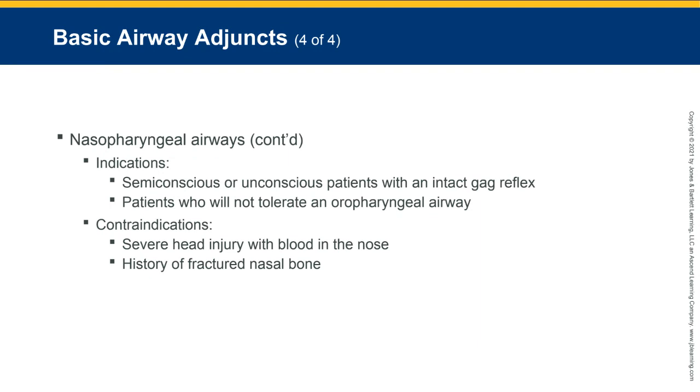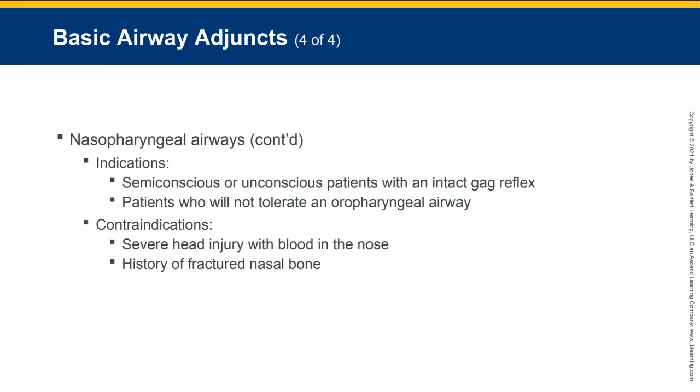So indications: the patient must be semi-conscious or unconscious with an intact gag reflex, patients who will not tolerate an oropharyngeal airway, and as I stated previously, a ventilation issue must be present for you to use airway adjuncts.